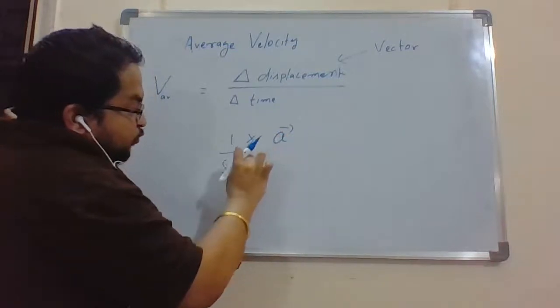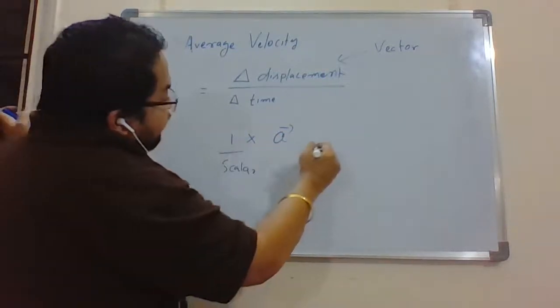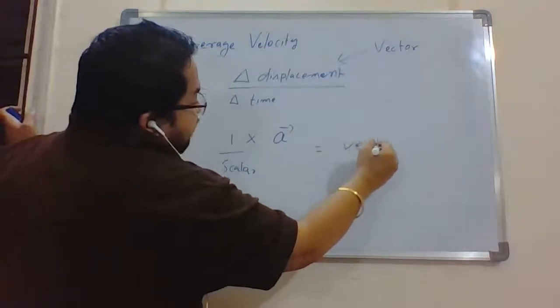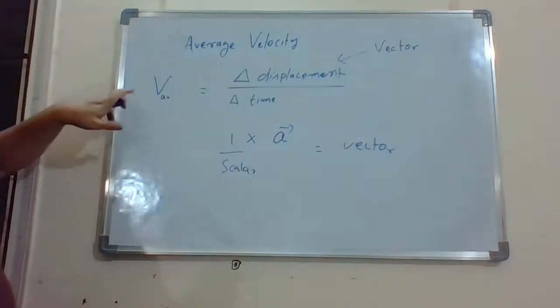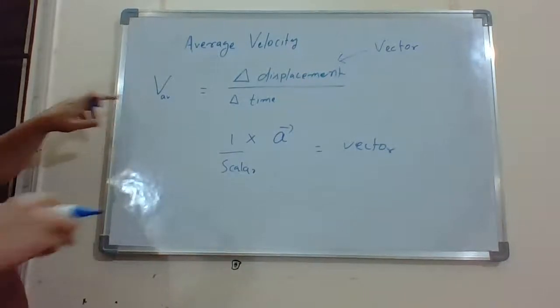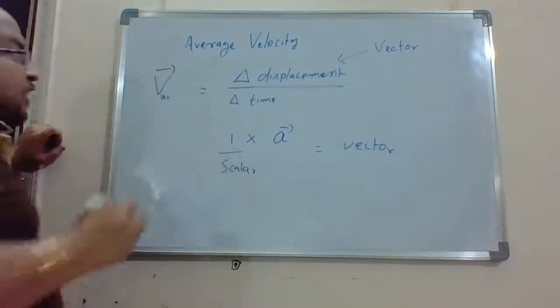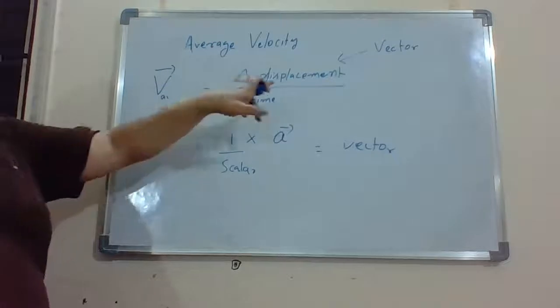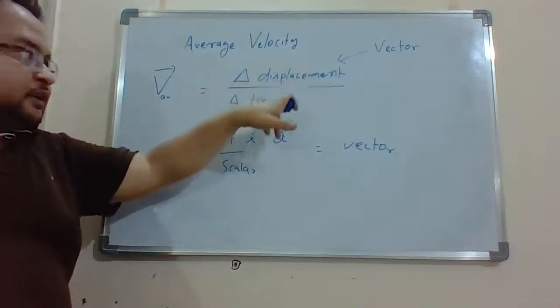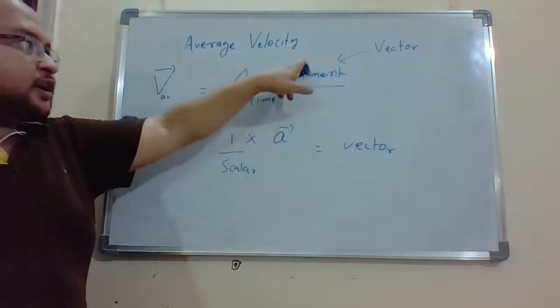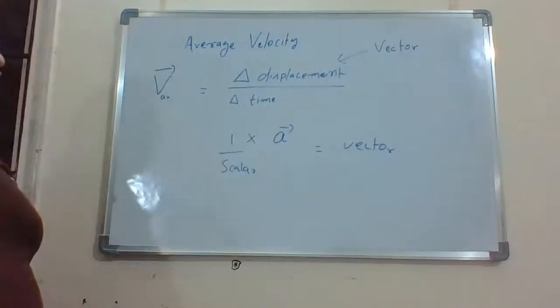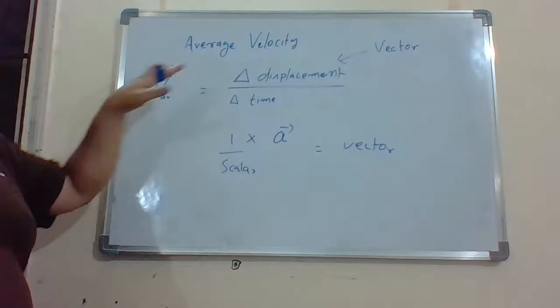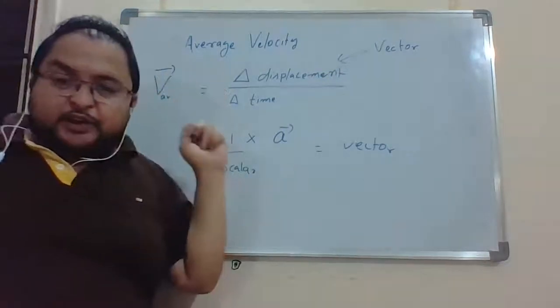So a vector divided by a scalar is always a vector. That proves that velocity is a vector quantity, which is why average velocity is a vector quantity.